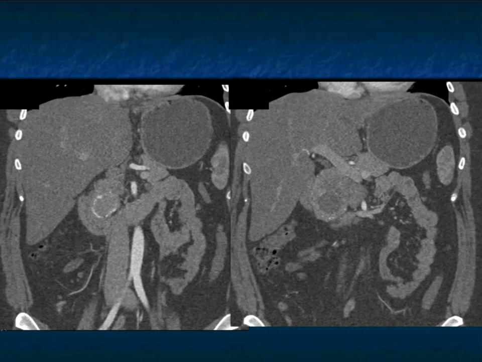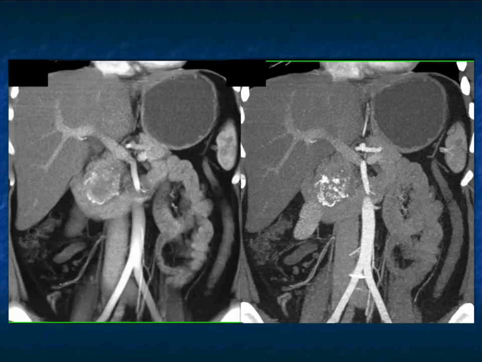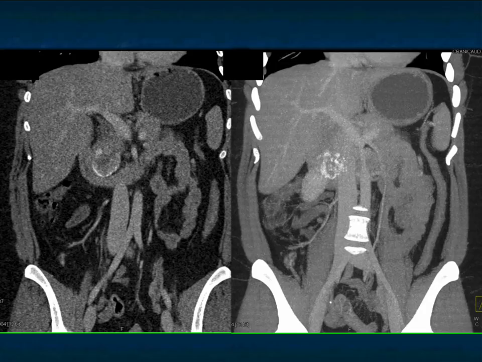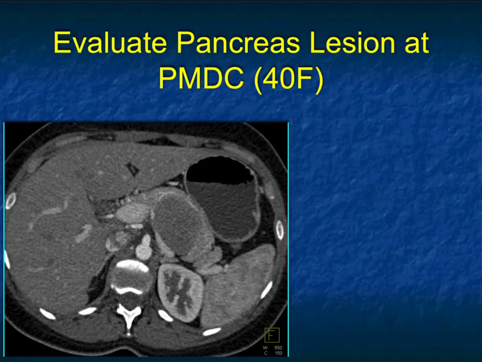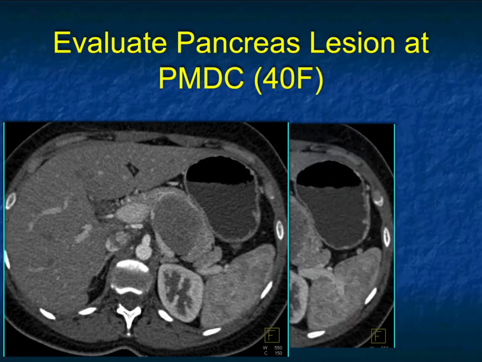We spoke a little bit about MCNs calcifying, but typically not a rim calcification. We talked about serous cystadenomas calcifying, but not circumferential like this. So when you see that, you've got to really be thinking about a SPEN tumor. And here it is nicely shown again when you go from the volume rendering to the MIP imaging, which really accentuates the extent of the calcification present.